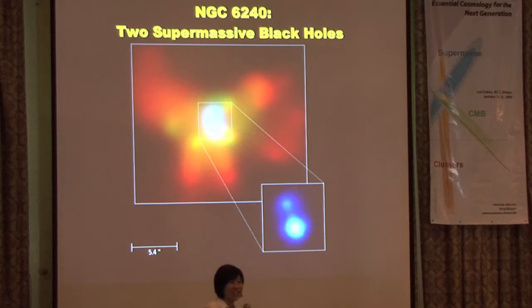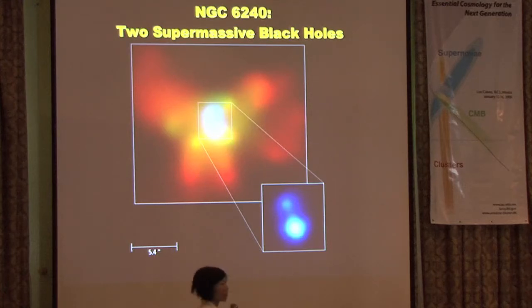So the belief here is when two galaxies, when two dark matter halos come together and the centers of the galaxies come together, they will lose their orbital energy through dynamical friction. And if each galaxy has a central massive black hole, they will eventually form a binary.